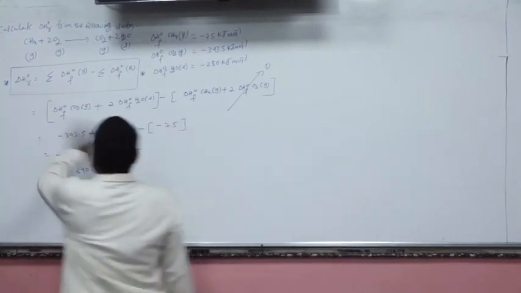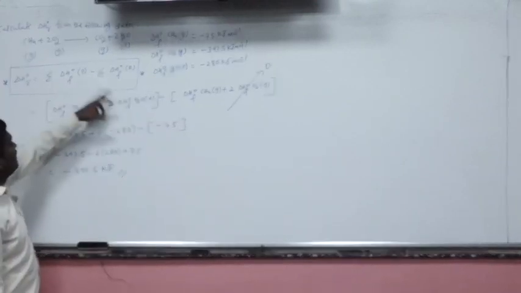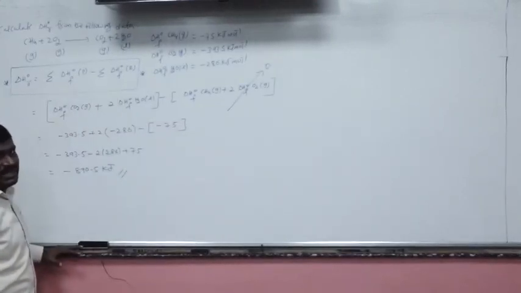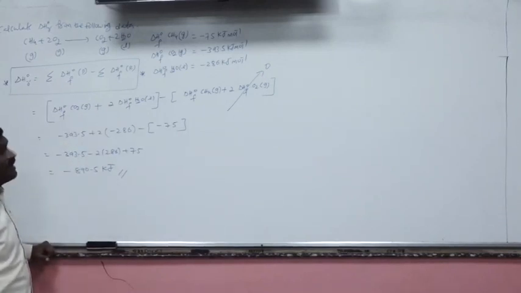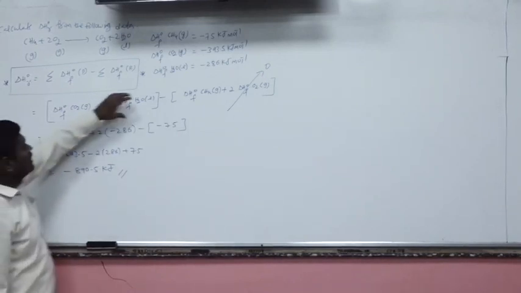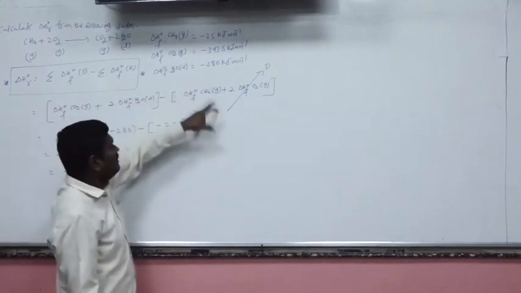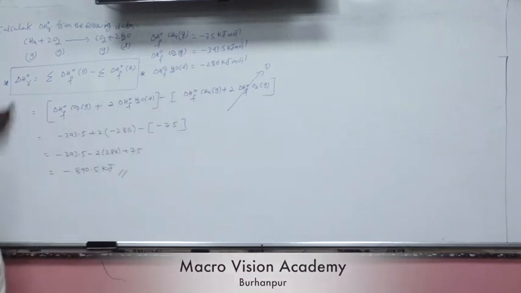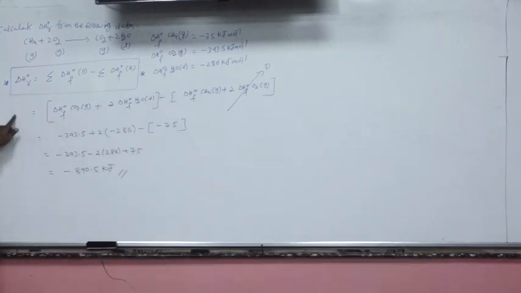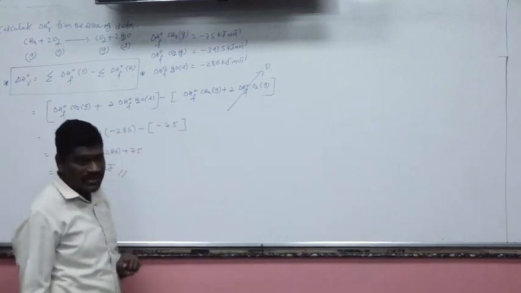Suppose enthalpy of reaction is also given to you, and the enthalpy of formation of any one of the compounds is not given, then we can calculate it. Let us say water or carbon dioxide or methane is not given. Take the value as x, and the enthalpy of reaction is given to you. So from that data we can calculate the unknown value from the known values, isn't it?